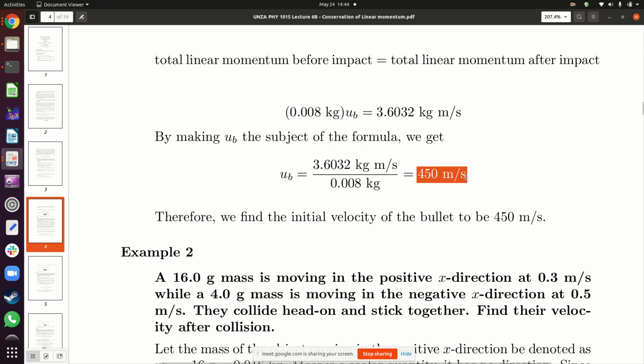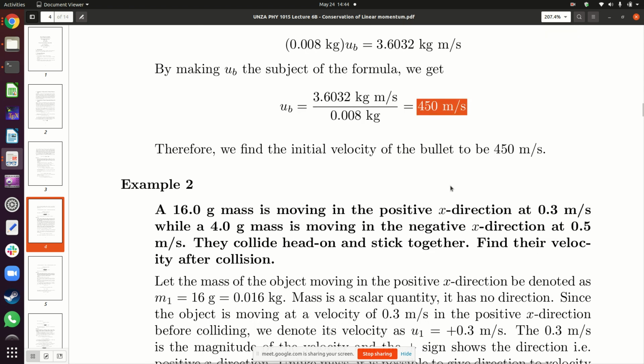So this UB, 450 meters per second, is the velocity with which the bullet was fired from the gun. And we assume that the velocity is the same. It doesn't reduce or increase in velocity, because all the objects in question here do not experience a net force or a resultant force.